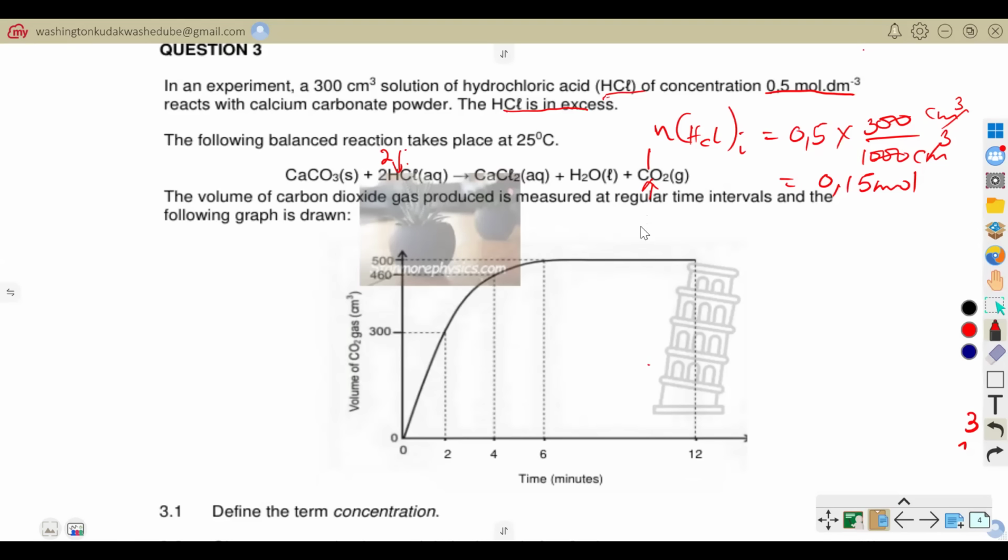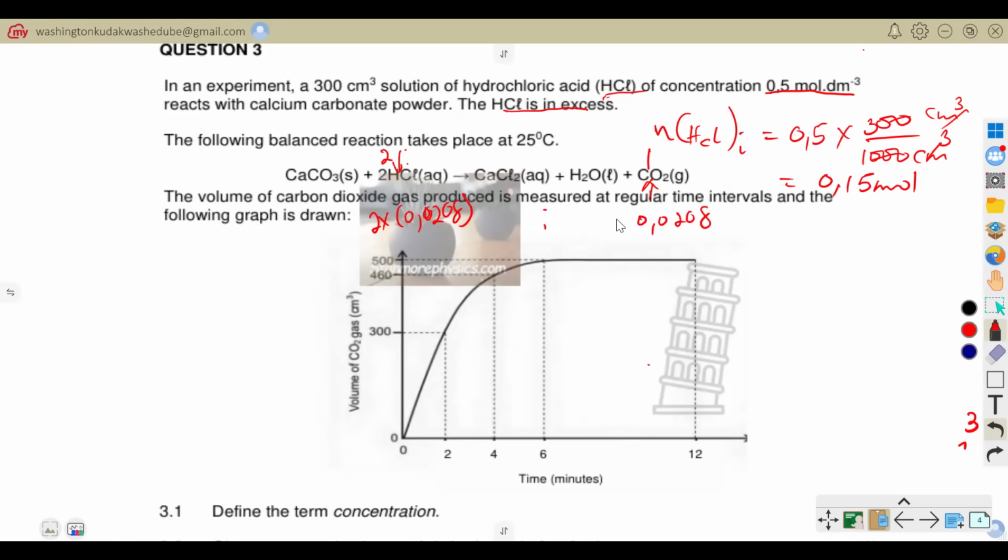The number of moles of carbon dioxide that we calculated was 0.0208. So it simply means that the number of moles of HCl that reacted is 2 times this. So those are the ones that reacted.